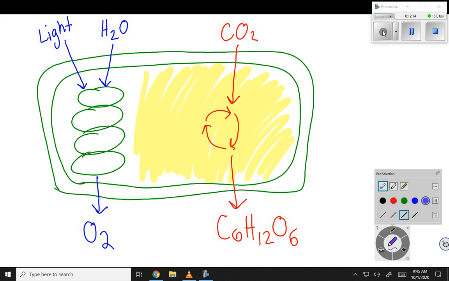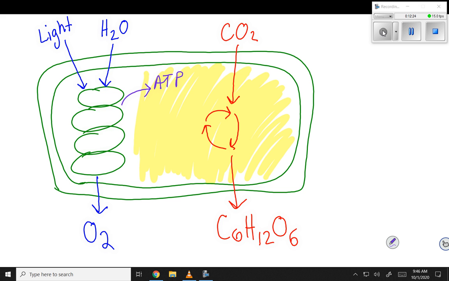So the purpose of step 1 is to make ATP and those high energy electrons, NADPH, and then they go into step 2 and they're used to produce the sugar. And then what comes back out is that low energy form, ADP and NADP+. Those go back into the thylakoid, they get re-energized by the sunlight, and they come back out the other side to be able to keep making more glucose.